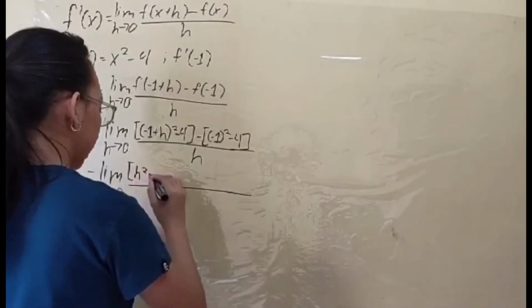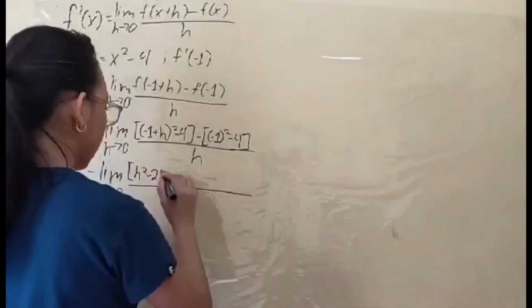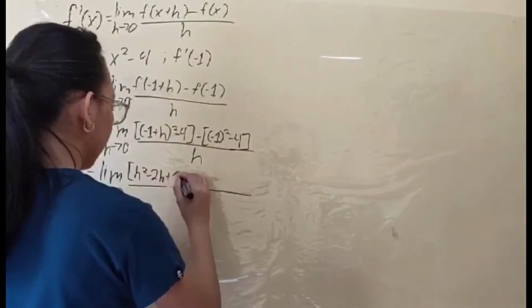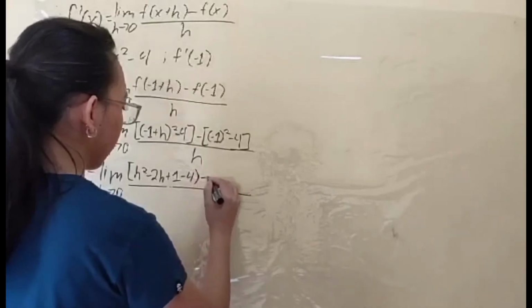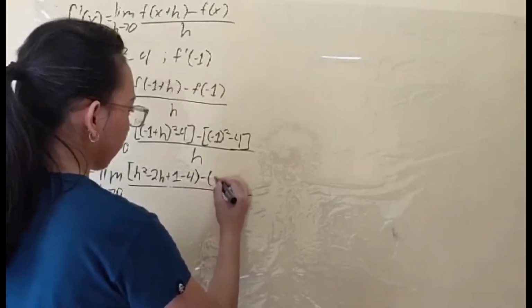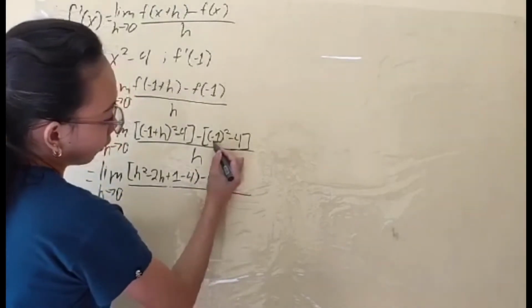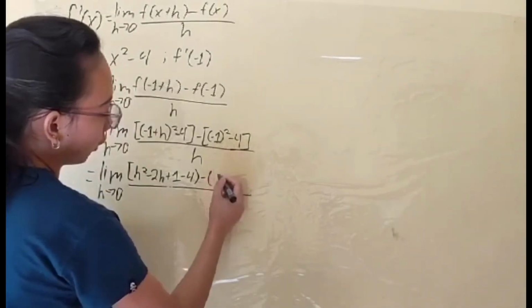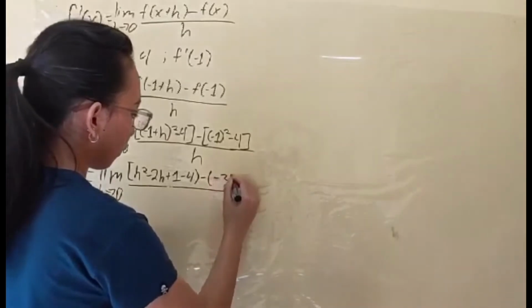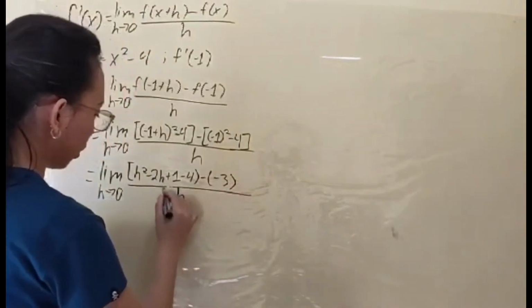H squared minus 2h plus 1 minus 4. Negative 1 raised to 2 is negative 1. Minus 3, negative 3, all over h.